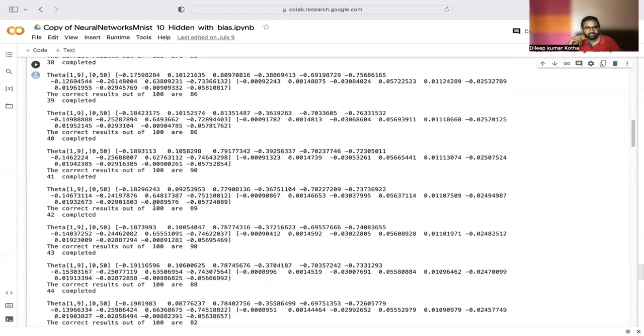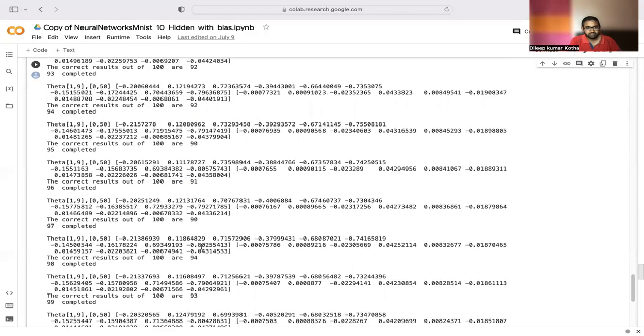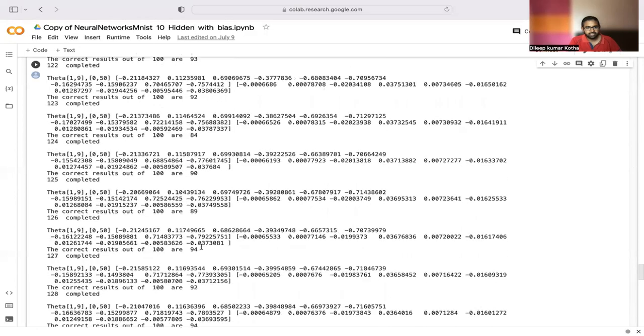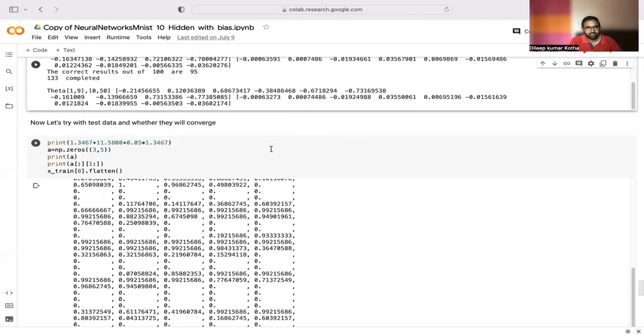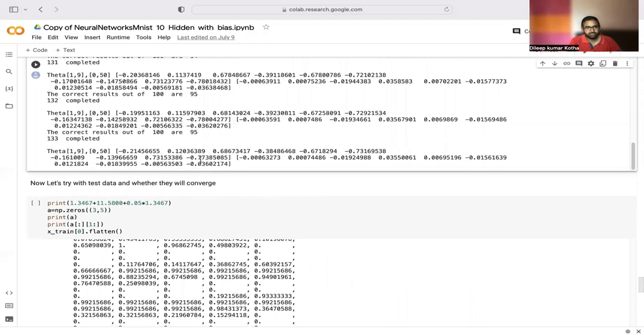So for every iteration, I can check how much the accuracy is improving. This is the iteration number, and this is the accuracy, how many out of 100 they are passing. Ultimately, I was able to achieve greater than 90%, like 96% accuracy. Then here it has stopped.